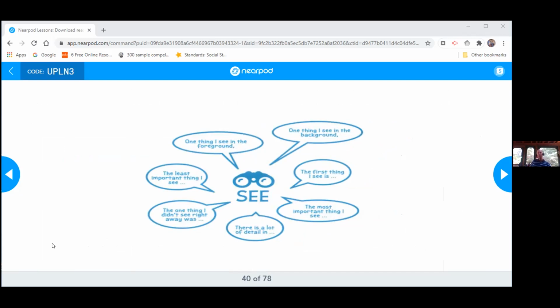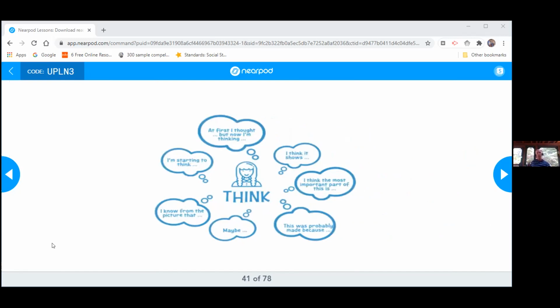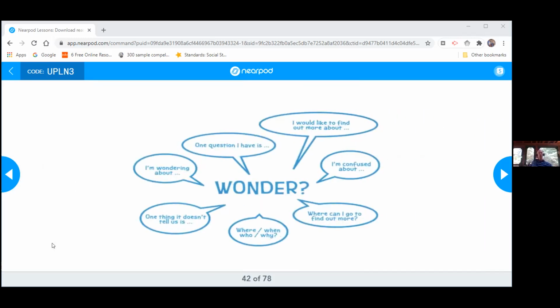In prompting kids, you could ask, what's the least important thing that you see? Or what's the first thing you see? And then think: I'm starting to think, or maybe, I think it shows. You could use these sentence stems as you start off using this strategy. And then on the wonder, one question I have is, I'm confused about, one thing it doesn't tell us is.